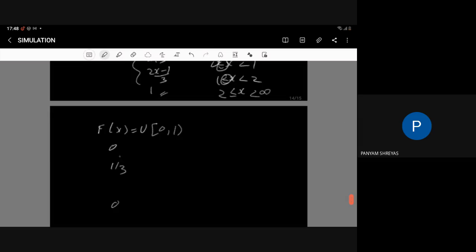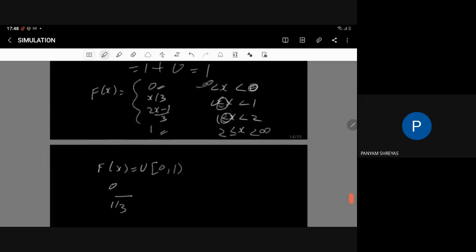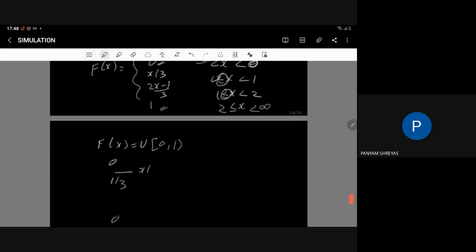When we have 1 by 3, in between we have the function x by 3, and here we have the function 2x minus 1 by 3, and here we have u. For this we have 0 to 1 by 3 and 1 by 3 to 1.